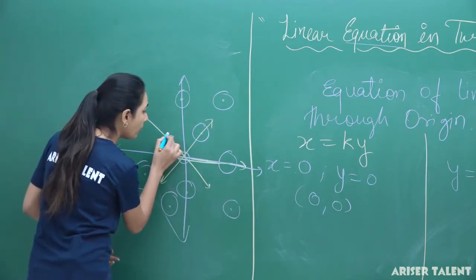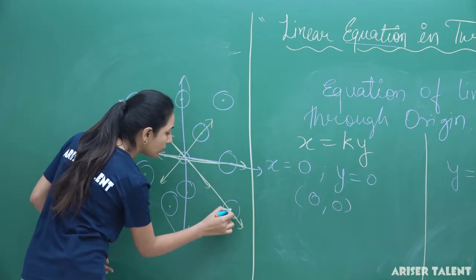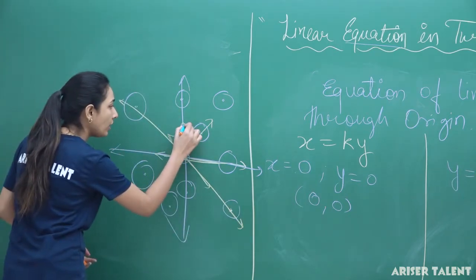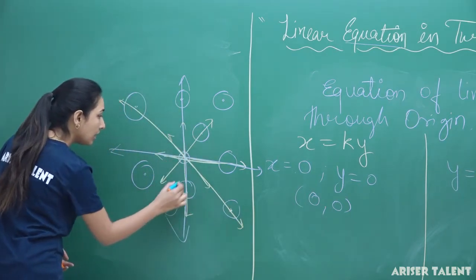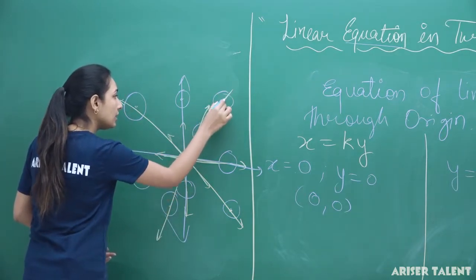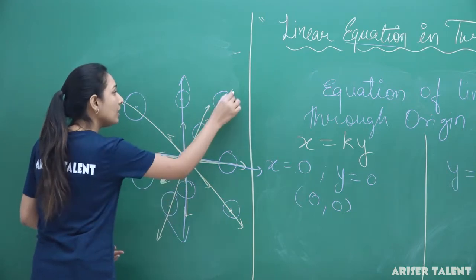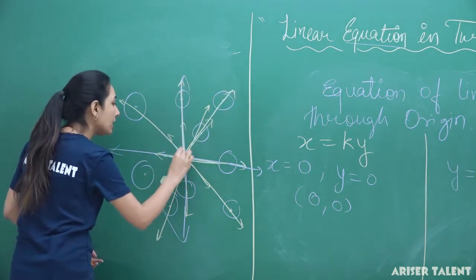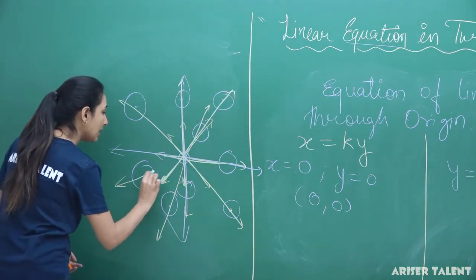Again, if these are the 2 points, the line will pass through the origin, and again here also.